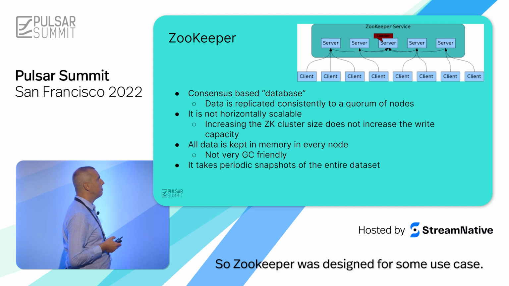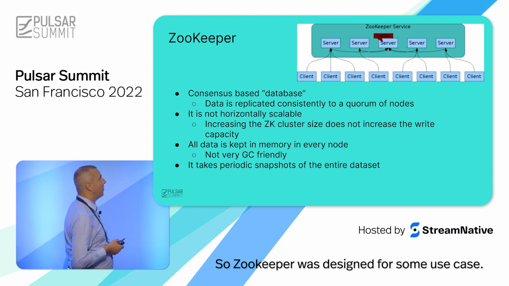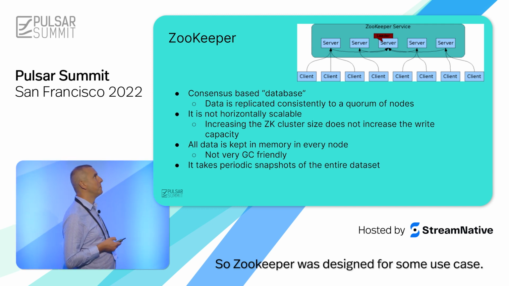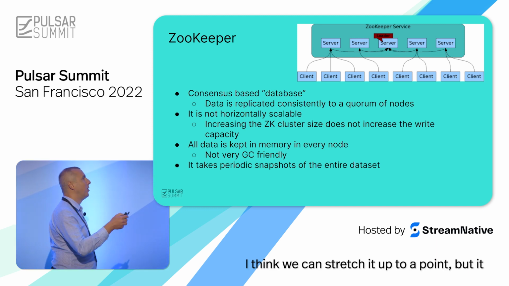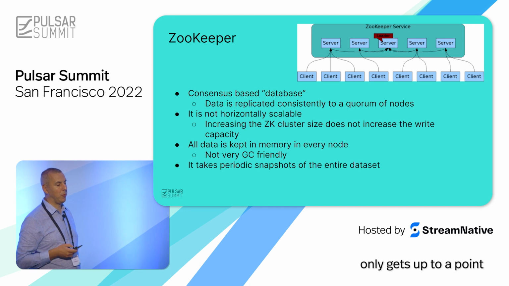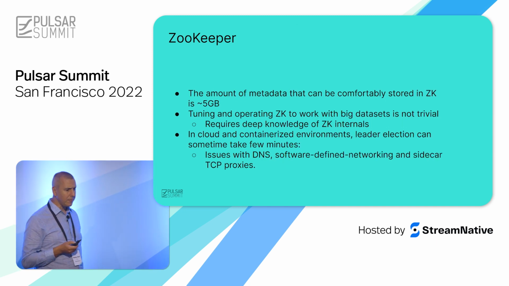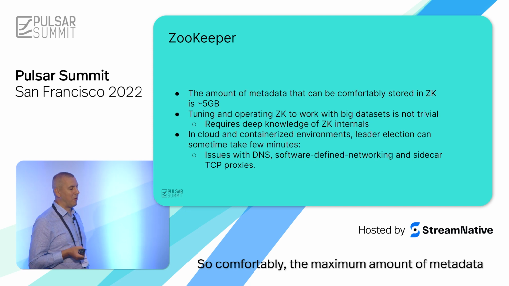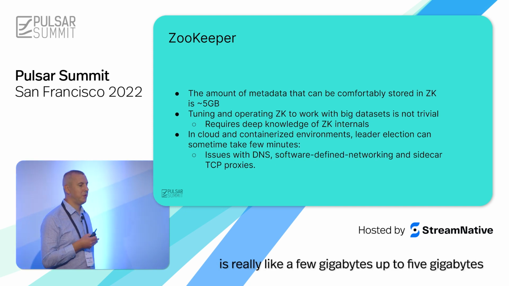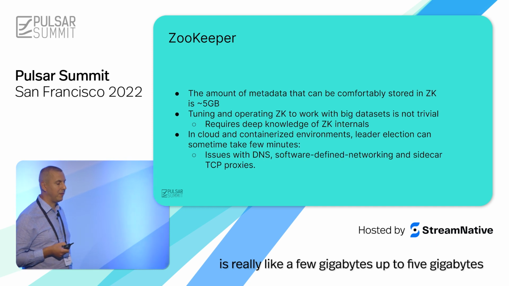So ZooKeeper was designed for some use case. I think we can stretch it up to a point, but it only gets up to a point. Comfortably, the maximum amount of metadata is really around a few gigabytes, up to 5 gigabytes.